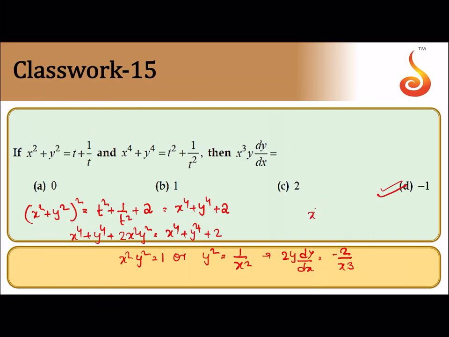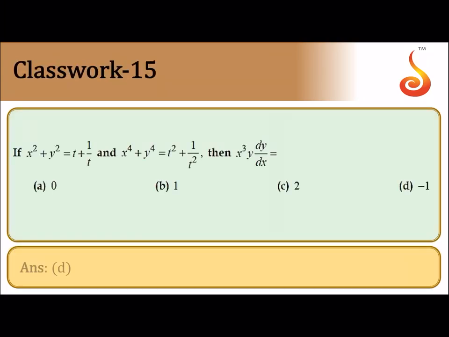square, or 2y dy by dx is equal to minus 2 by x cube. So x cube y dy by dx is equal to minus 1. Option D is correct.